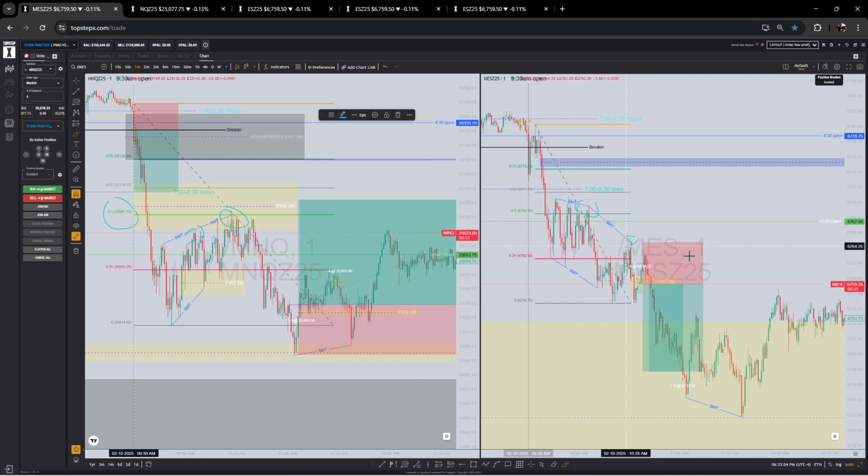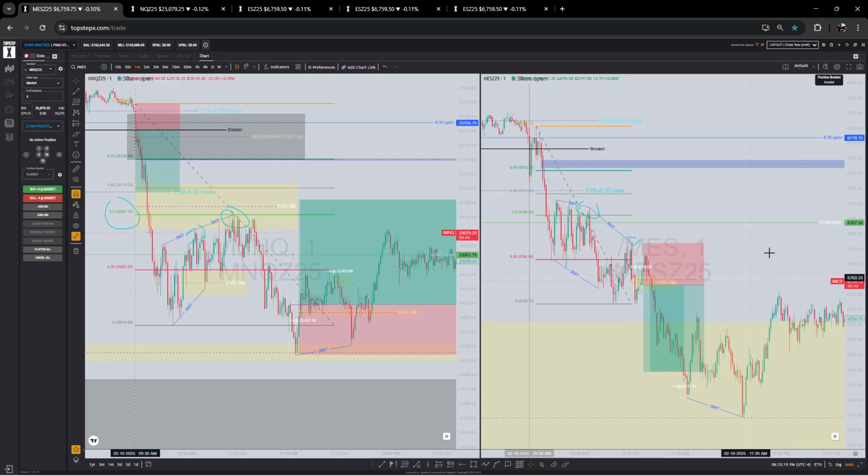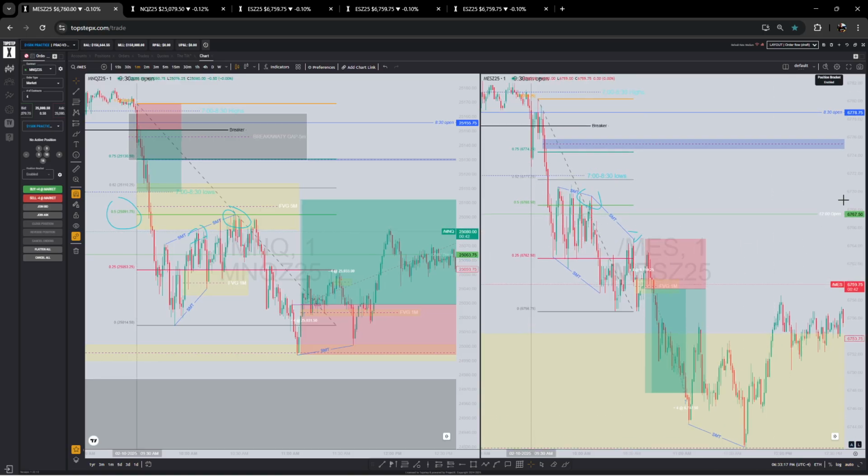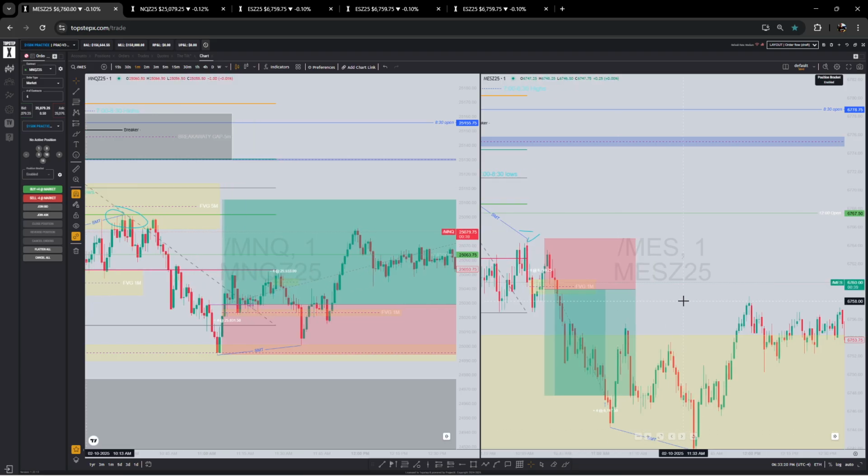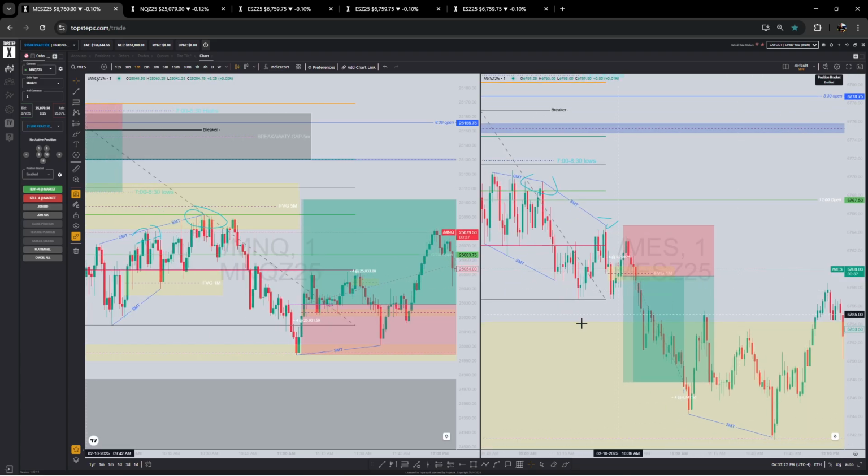So after we made that SMT, I want to see displacement, which we got here with a fair value gap. After we made that SMT and hit discount of the range, we had that break with a market structure shift right here, taking these lows. Market structure shift, FVG.